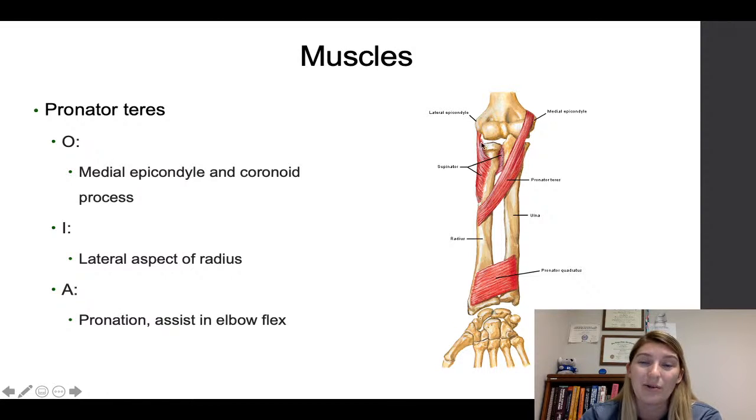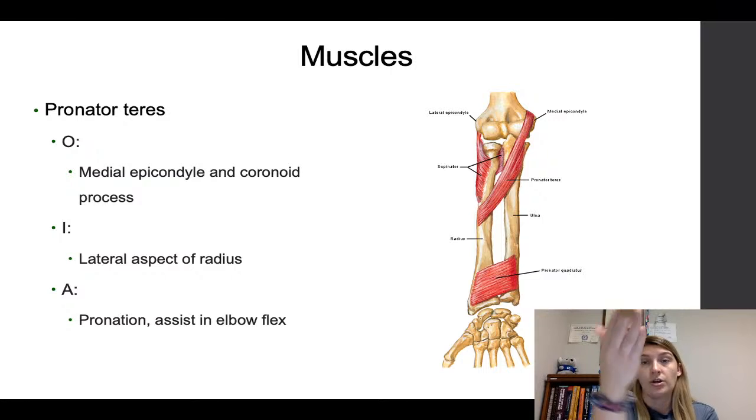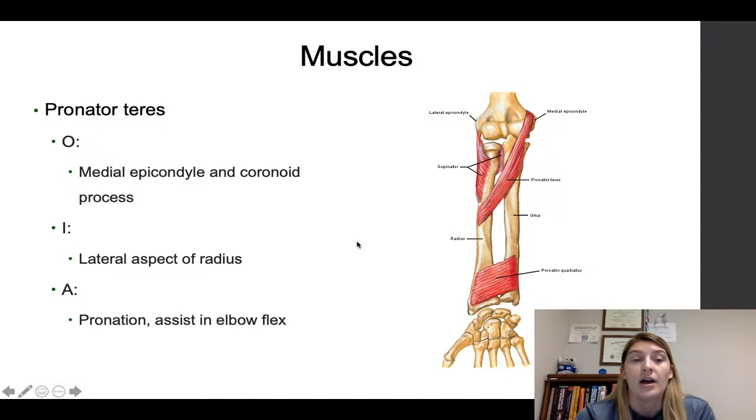So just kind of about halfway down, lateral radius. Hence its name, it does pronation. So remember, pronation is palm down. So supination, pronation. And it is also going to assist in elbow flexion because it does cross the elbow joint and it is on anterior side, so it's going to do elbow flexion.